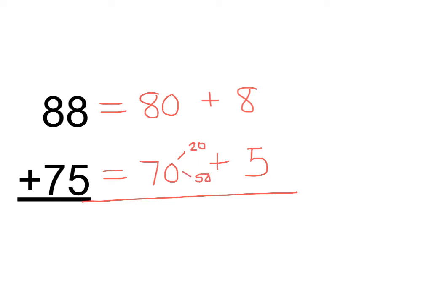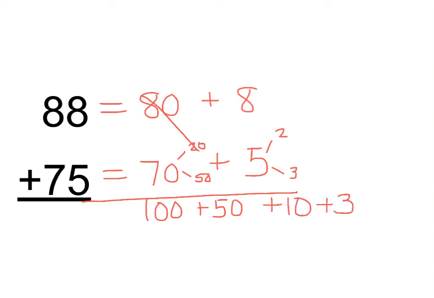So 80 plus 20 equals 100, plus your 50 left over. And 8 plus 5, oh, 8 needs a 2 still, and a 3 left over. Combine those like terms into 163. Great job. We'll practice some more hundreds tomorrow.